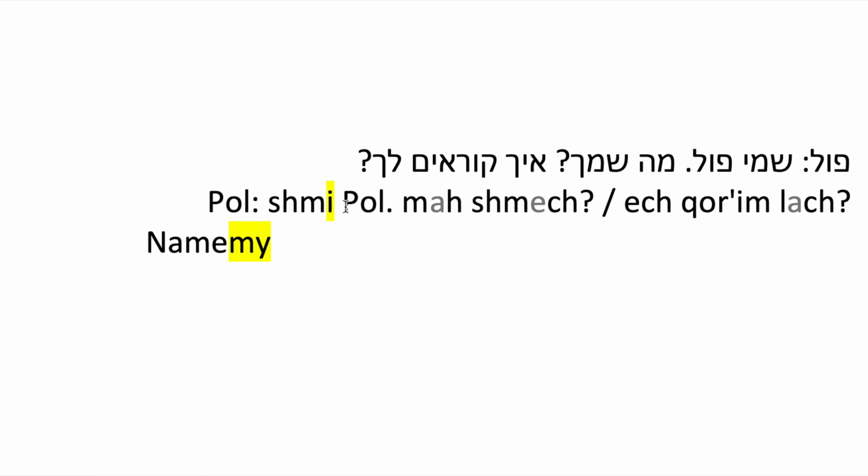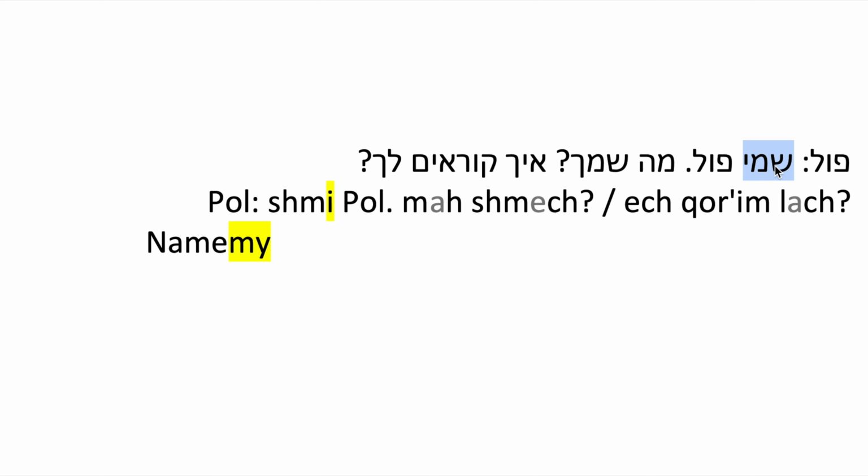But from a writing perspective, you can see this is the sound for the sh. Then we have the m, and this is an i, an e here. You can see there is no vowel here, so you don't know if this in theory is pronounced shemi or shami or shumi.